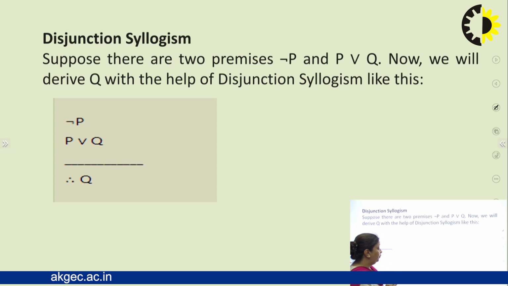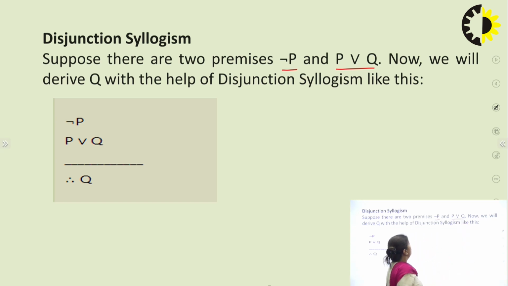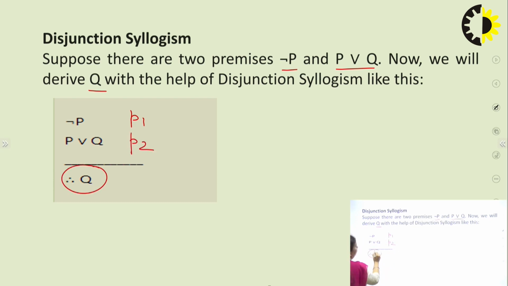This says that if we have two premises, not P and the other one is P or Q, then we can directly conclude or derive Q by applying this rule. That is, if I have two premises, not P, this is my premise 1, P or Q, this is my premise 2, so I can conclude Q, this is my conclusion.